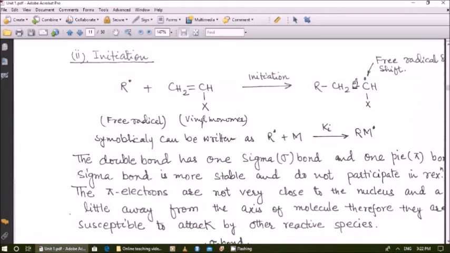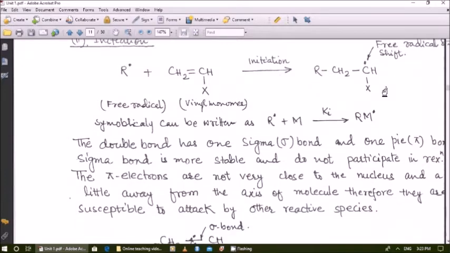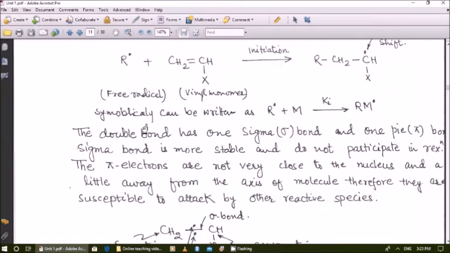Now because one pi bond is being broken and one electron is being used in this covalent bond, one electron will remain unpaired on the asymmetric carbon atom. So this unpaired electron will act as a free radical site. Symbolically we can write this reaction as R dot plus M, where M is the generalized symbol for the monomer.